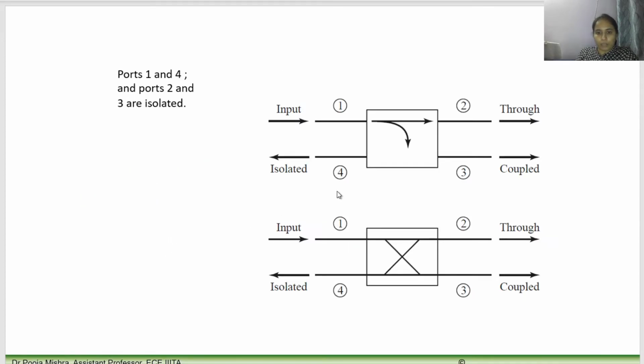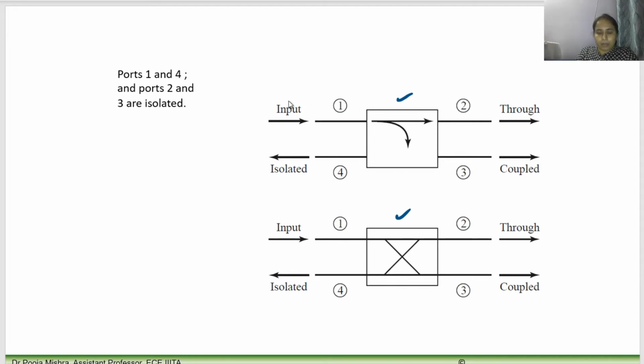There are two conventions by which we can represent a directional coupler. This is the first way that shows the direction of propagation, and this is another way of representing a directional coupler. Now let's see what happens here.